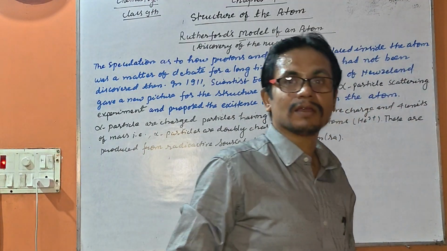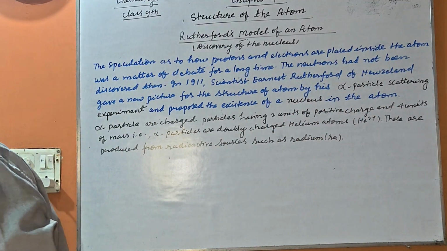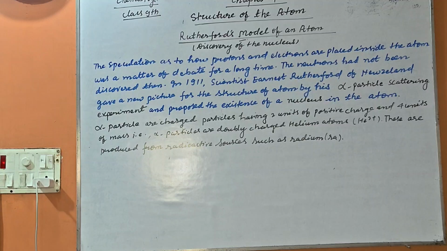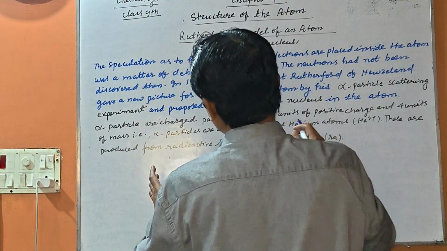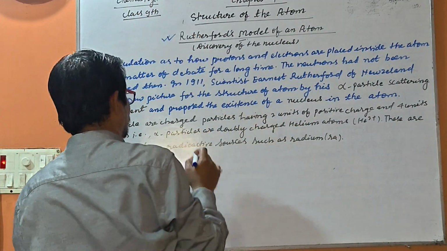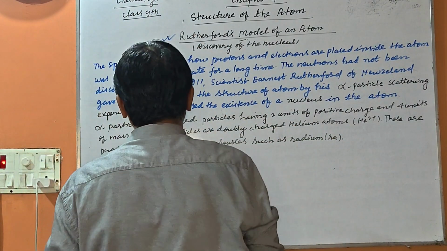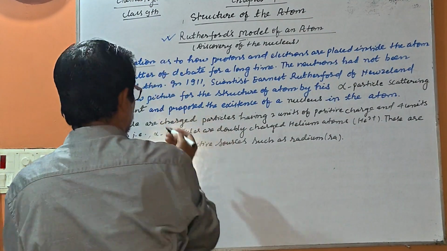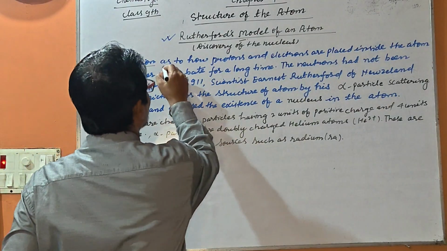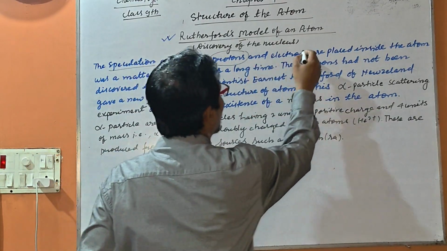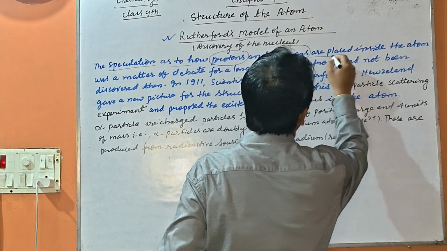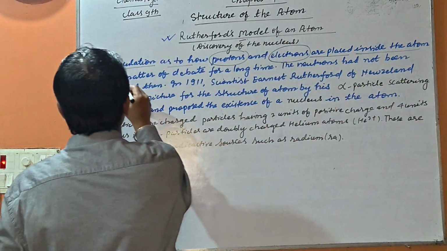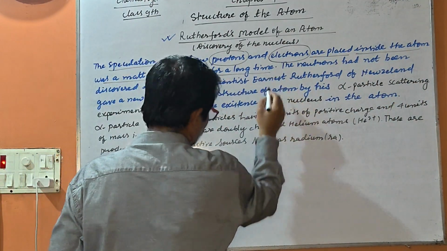So my dear students, let us understand these things in a very simple way, in easy steps. So it is going to be quite clear. The next model of the atom is the Rutherford model of the atom. The speculation as to how protons and electrons are placed inside the atom was a matter of debate for a long time.